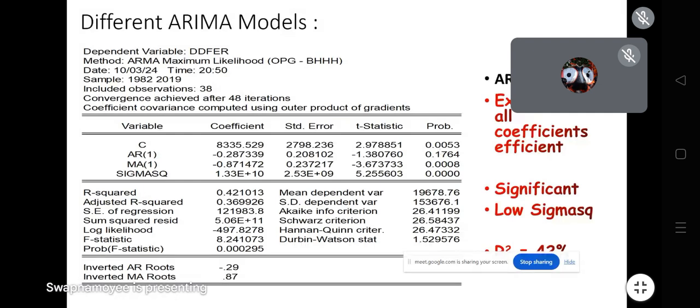The constant is significant, it is less than 0.05. AR1 is not significant, it is more than 0.05. But my other variable, the moving average MA value, is significant. And the last value, sigma square, is also less than 0.05.